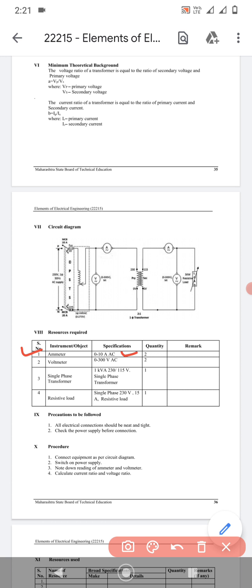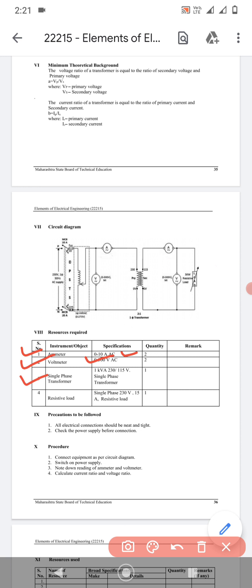Then second, we will require 2 AC voltmeters for measuring the primary and secondary side voltage having the range 0 to 300 volt AC.